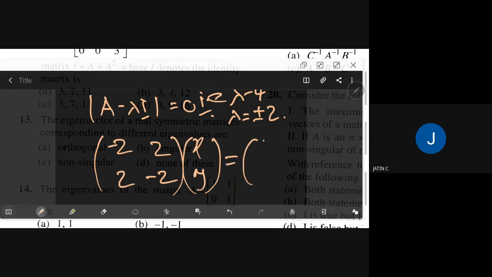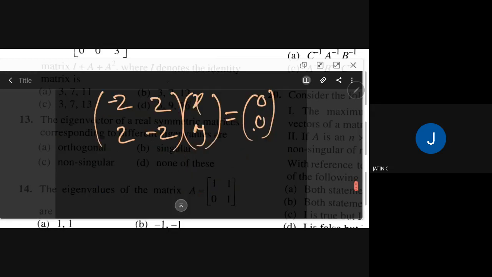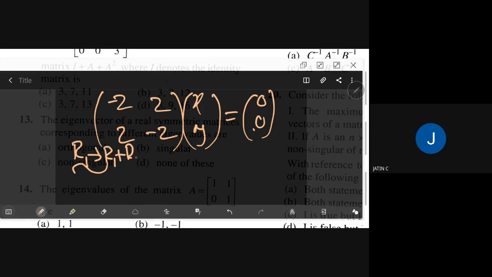For this one, you can reduce this with R1 is R1 plus R2. So we get 0 0, 2 minus 2, xy, equal to 0 0.